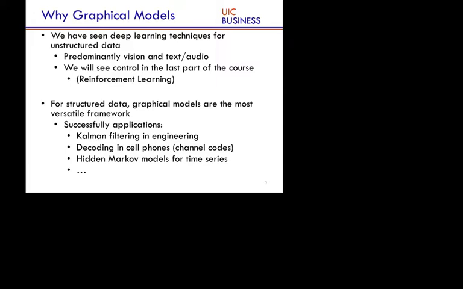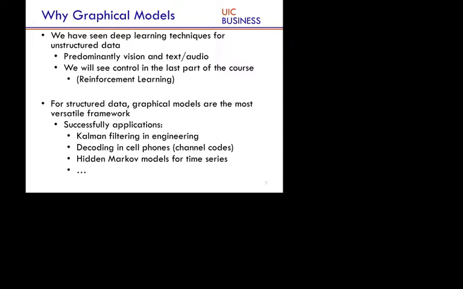For the second part of this course, for structured data, we are studying graphical models, and you'll come to realize that graphical models are a very general framework which encompass many models that you've seen before, like Gaussian mixture models or Kalman filtering if you're from an engineering background. Even your cell phones use some techniques related to inference and graphical models to decode messages.